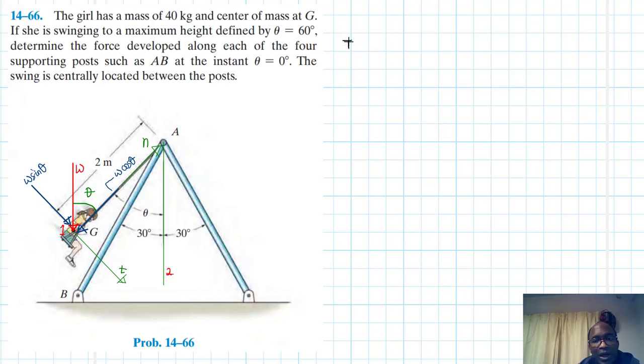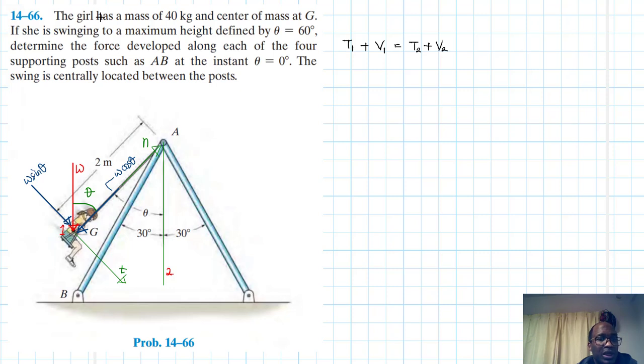Okay, so let's write our conservation of energy equation. We have T1, which is the kinetic energy at point 1, plus V1, which is the potential energy, gravitational and elastic, equal to T2 plus V2. Alright, so let's read through again to see exactly what is happening.